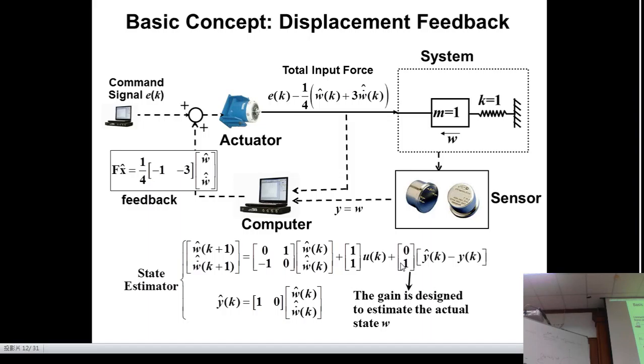Understand? So in real applications, what we do is feed back x hat to compute my u, and this x hat means W hat and W dot hat. So you really feed back the hat, not the real W and W dot. Understand? Any questions?